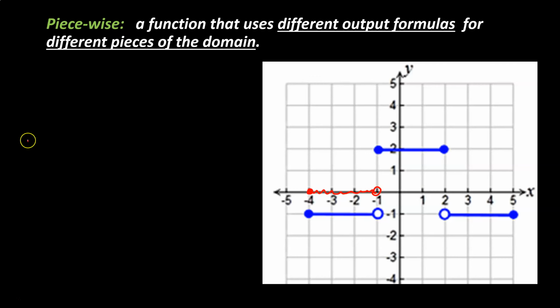So we would say the function, let's call this function f of x, is equal to, and we know here that it has three different pieces.